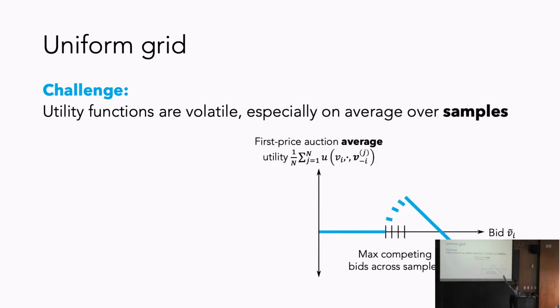And these jump discontinuities are all the more apparent when we're averaging over samples. So here I have maybe 4 different samples, and I've got the max competing bid from each of those samples, and I'm just averaging the function from the previous slide over those 4 samples.